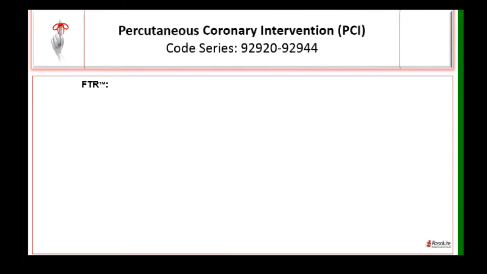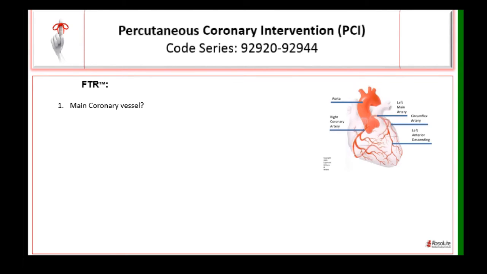Here are the FTRs for code series 92920 through 92944. Number 1, is this a main coronary vessel? Make sure that you know the main coronary vessels: left main, ramus intermedius, left circumflex, left anterior descending, and right main. What is the procedure?